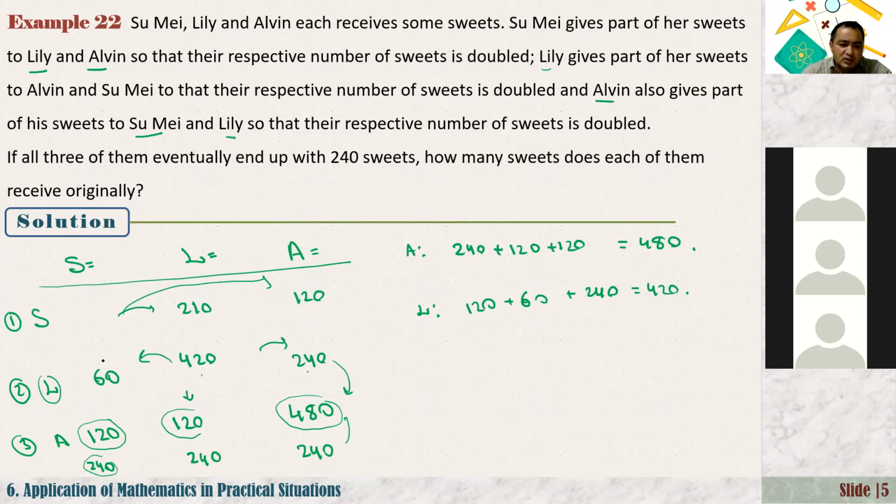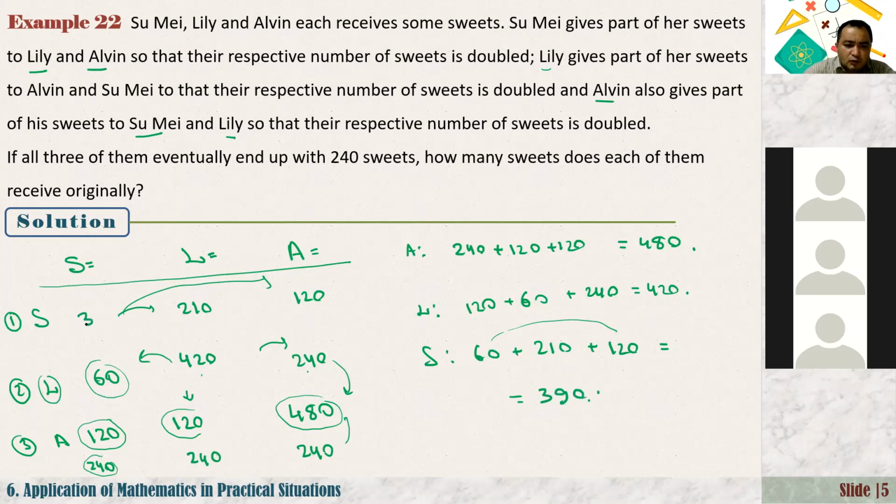After giving away, Sume had 60, plus she gave 210 to Lily and 120 to Alvin, which equals 390.